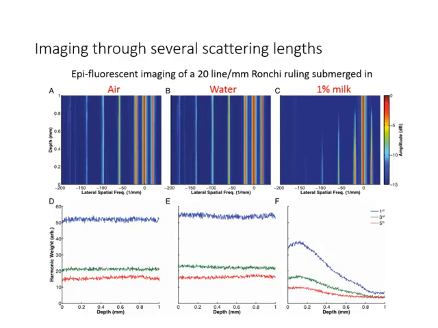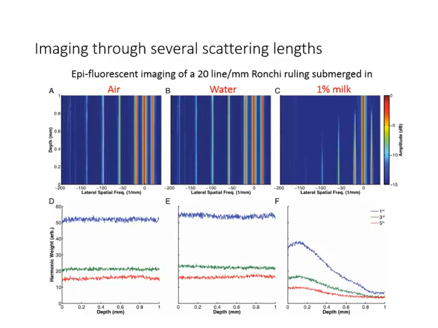We then introduced scattering to this measurement by putting this Ronchi ruling, the single frequency grating, into a scattering liquid. We just used a little bucket of milk and measured how far into the milk we could translate this sample and what the fringe visibility, or in this case the harmonic weight, looks like.